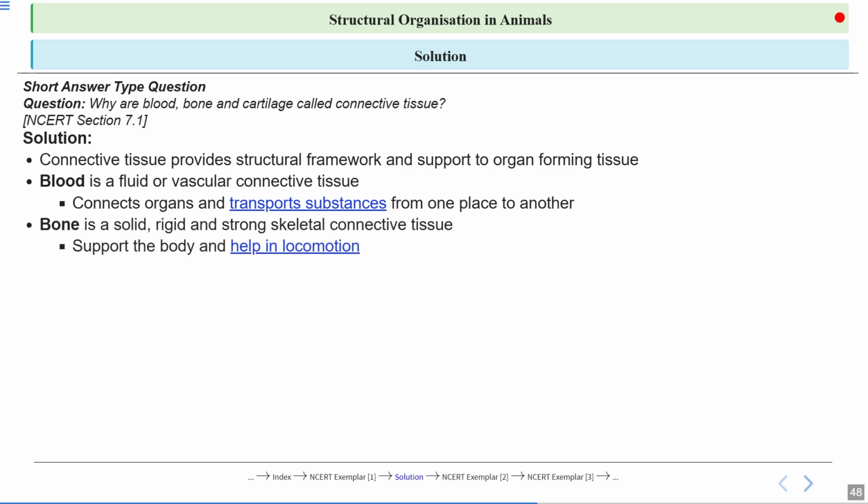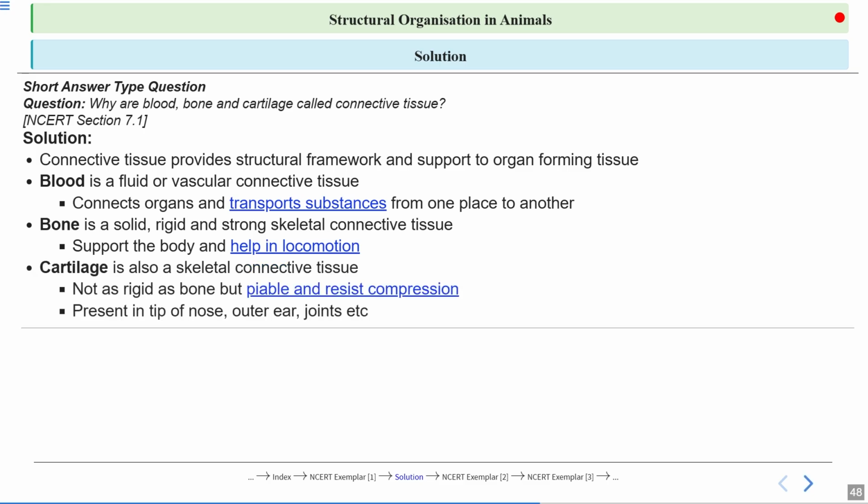Bone. It is a solid, rigid, and strong skeletal connective tissue, right? That supports the body and helps in the process of locomotion. Cartilage, that is also a skeletal connective tissue. Now, if you see the cartilage, your external ear and tip of your nose are made up of cartilage.